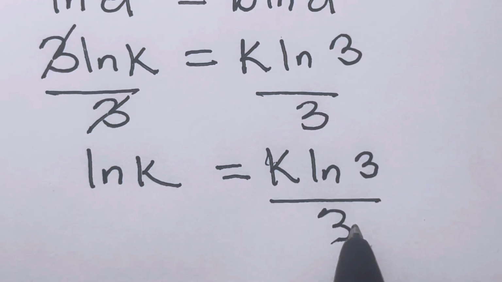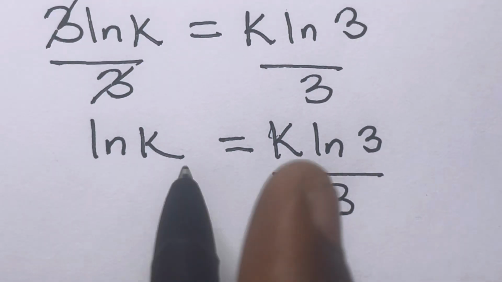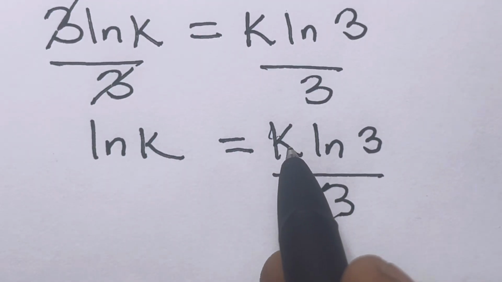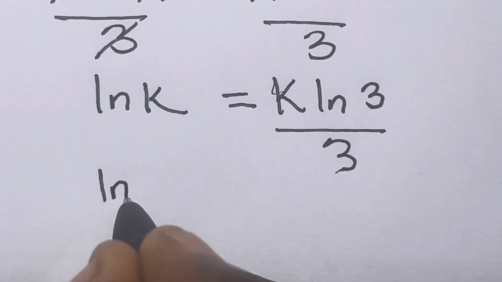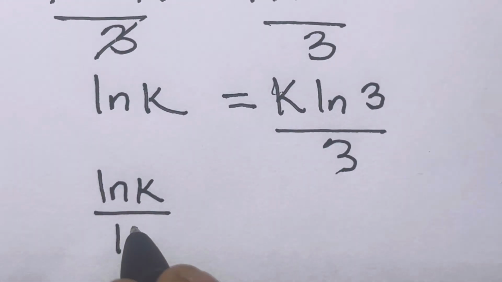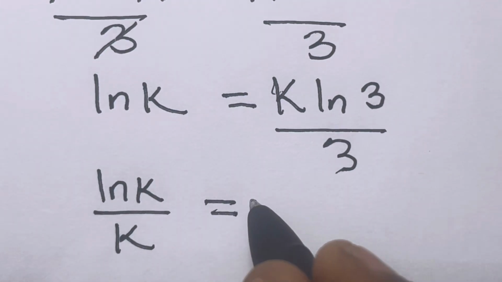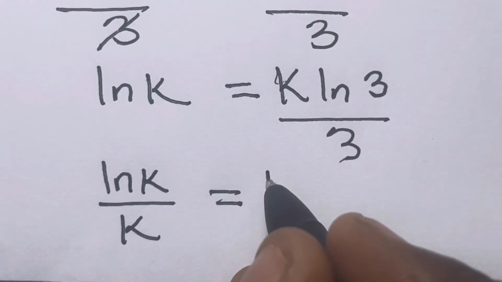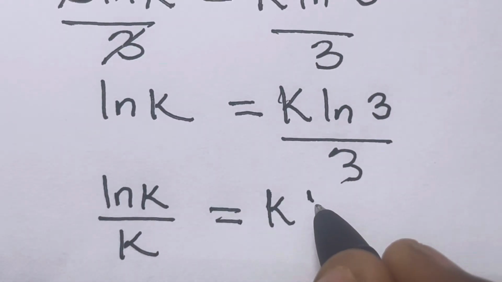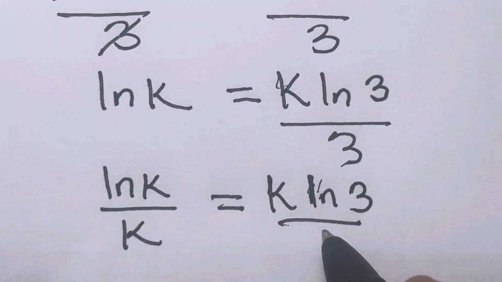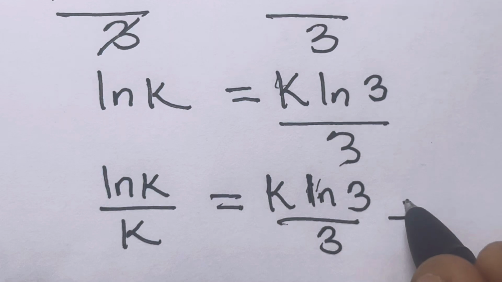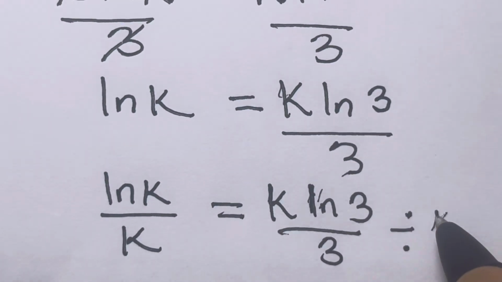Again, if we divide both sides by k, because we want to cancel this, we will have ln k divided by k equals k ln 3 divided by 3, divided by k.